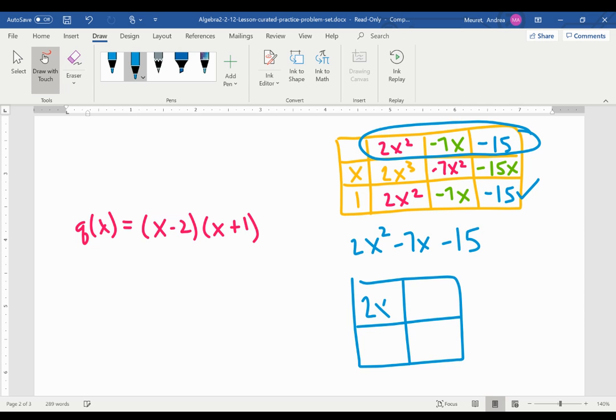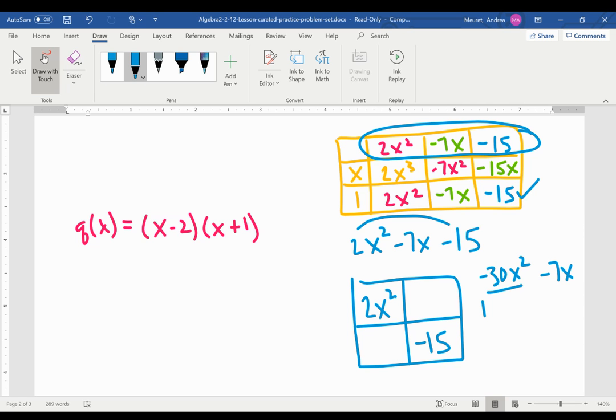So first term goes here, last term goes here, and then we have to figure out, multiply those together. What multiplies to negative 30x squared and adds to negative 7x.